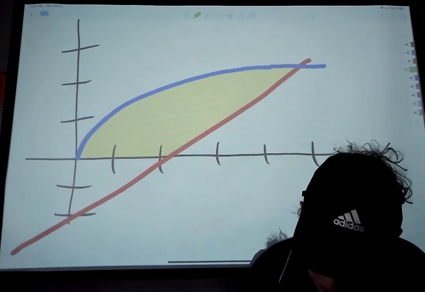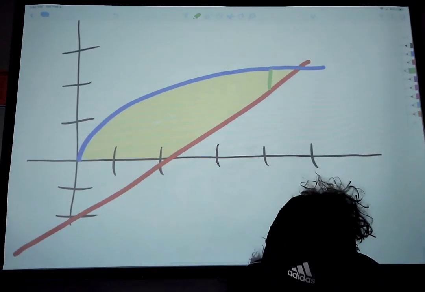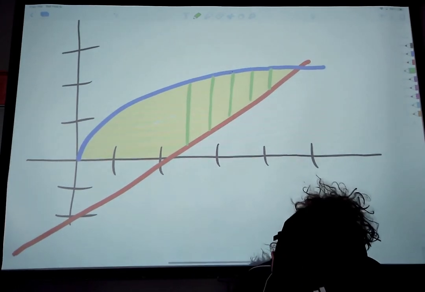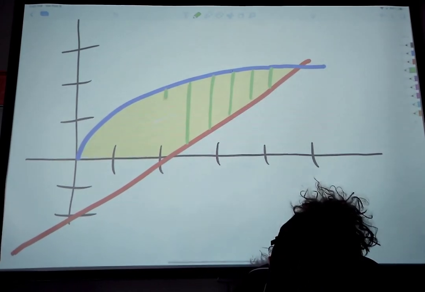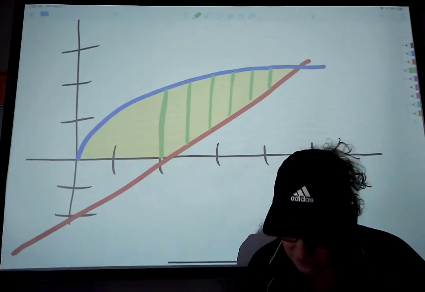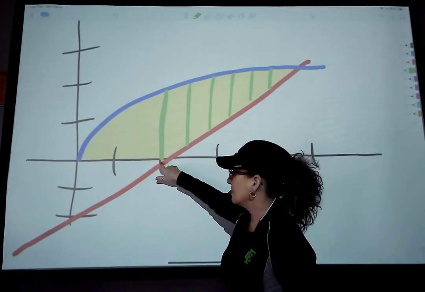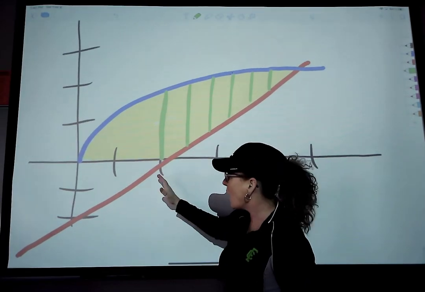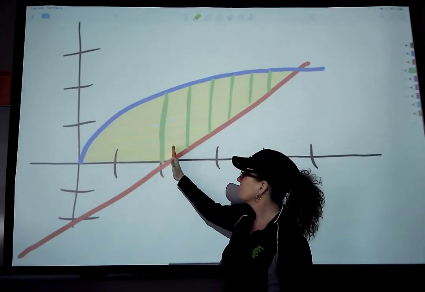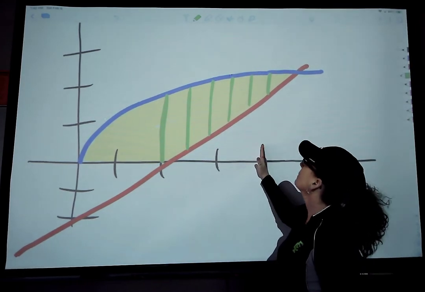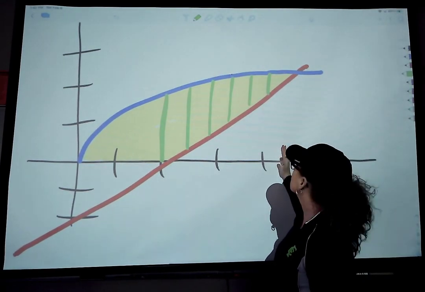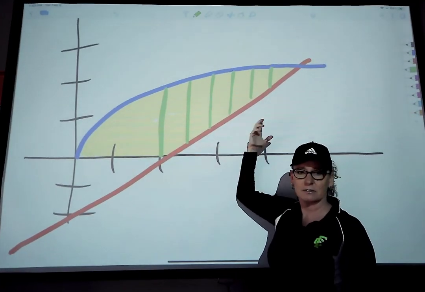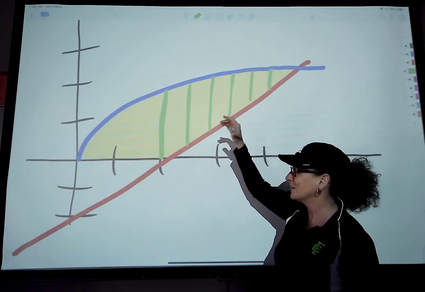But let me go back to what I was doing. Remember when I did this? Blue to red, blue to red, blue to red works fine. I missed a little bit here. Blue minus red works fine from x equals 2 to x equals 4, I think. Okay, terrible drawing, not to scale.